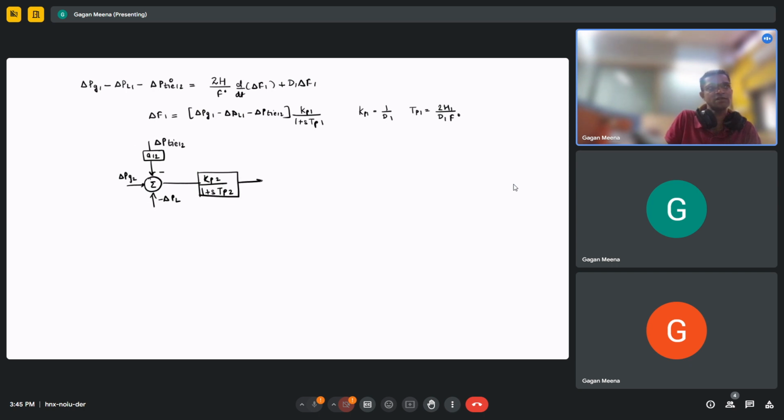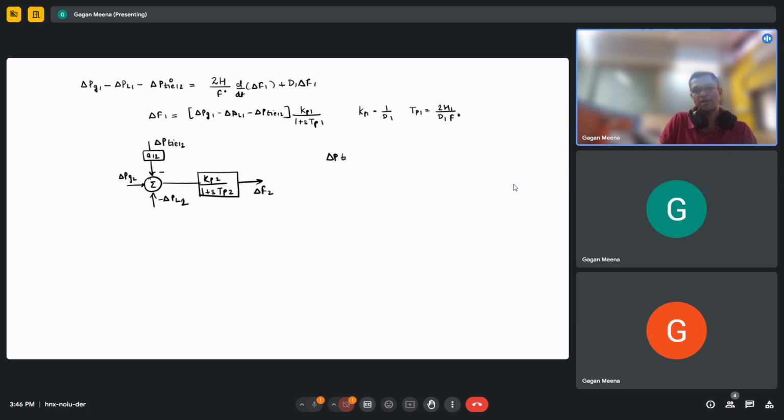So this is for the second area. For area 1, A12 will not be there, it will be delta P tie 12, minus delta PL1 for area 1.